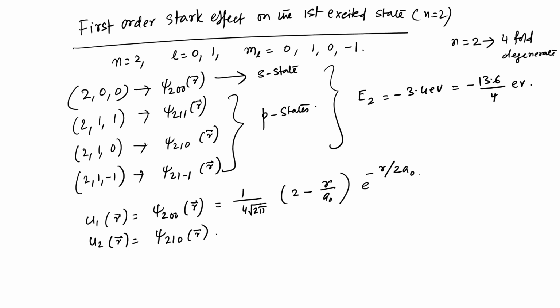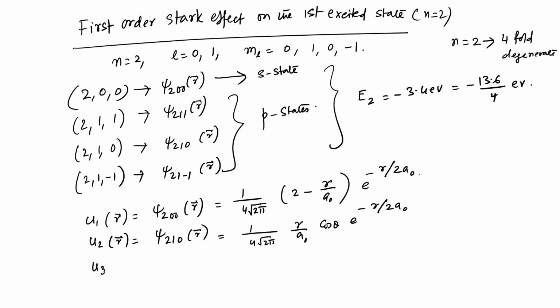So, this is equal to 1 by 4 root 2 pi, r over a naught, cosine theta, exponential minus r over 2 a naught. You see, the L equal to 0 does not have any theta or phi dependence, whereas if L is not equal to 0, then it has a theta dependence. In addition, if m is not equal to 0, it also has a phi dependence.